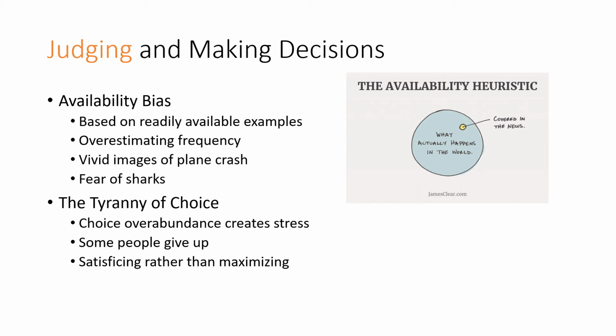because we're almost definitely overestimating the frequency with which something will happen. So if we see images of a plane crash, we're going to presume that plane crashes are very common.